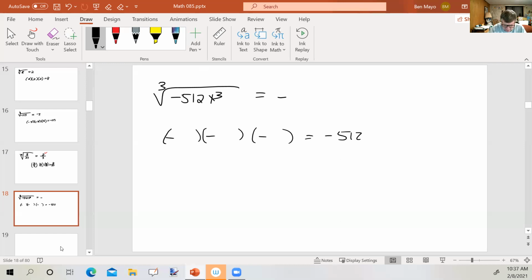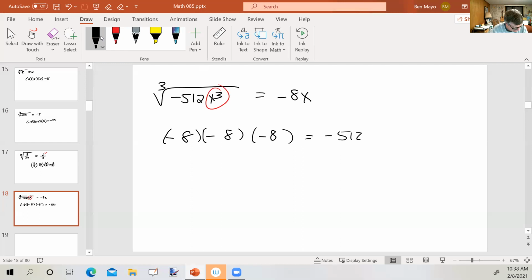Now it's got to be bigger than that. 7 times 7 times 7 is 343. 8 times 8 times 8 is 512. So it would be negative 8. But what have I left out? The x cubed? Right. What would the cube root of x cubed be? Just x, right? Correct. So the cube root of negative 512x cubed would be negative 8x.